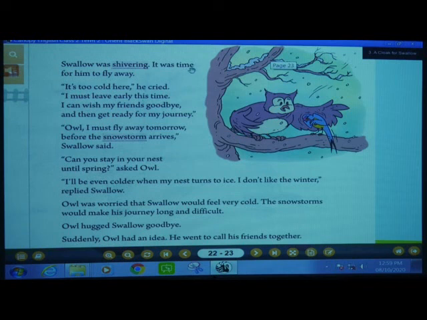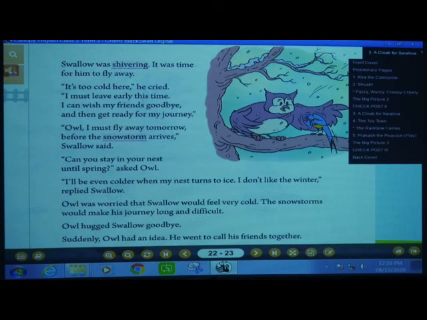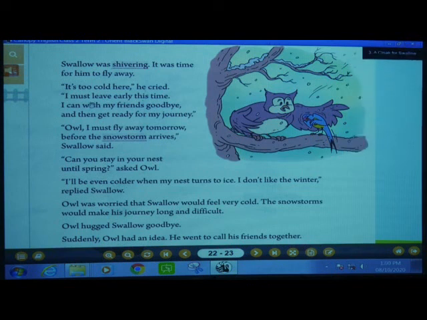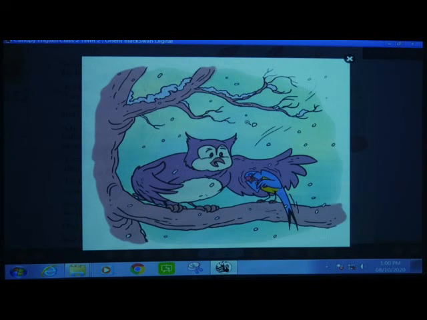It was time for him to fly away. So, it's time for swallow to fly away. Means here swallow wants to go for a long journey. It's too cold here, he cried. As I said in the starting, here the swallow is crying. He is upset. What is he telling?